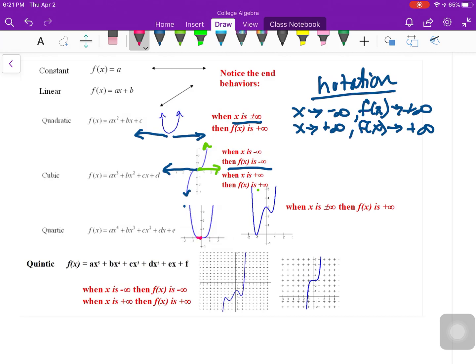And then when we look at the quartic, as x's go to negative infinity, these y's are going to positive infinity. As these x's go to positive infinity, these y's again are going to positive infinity.